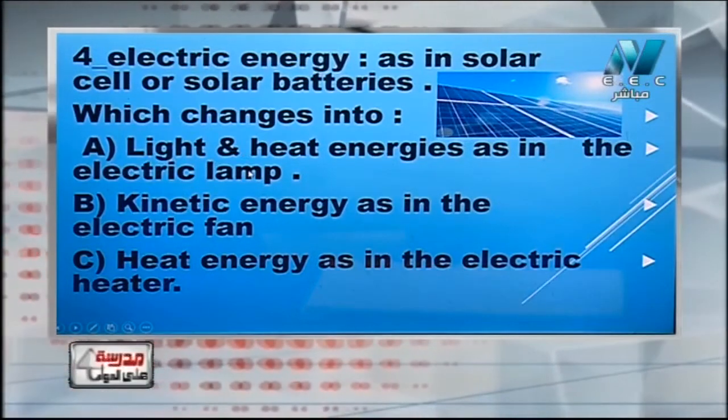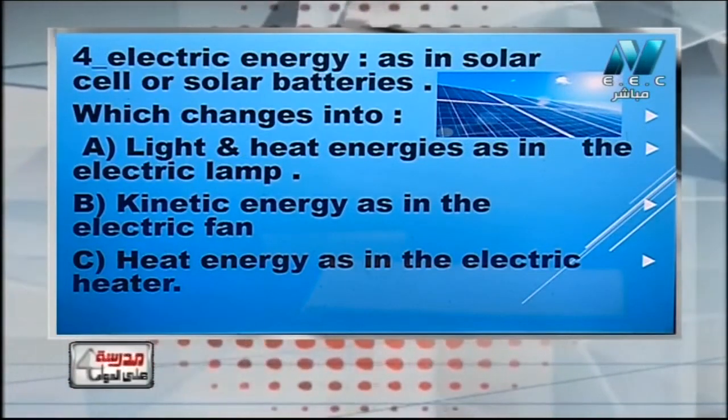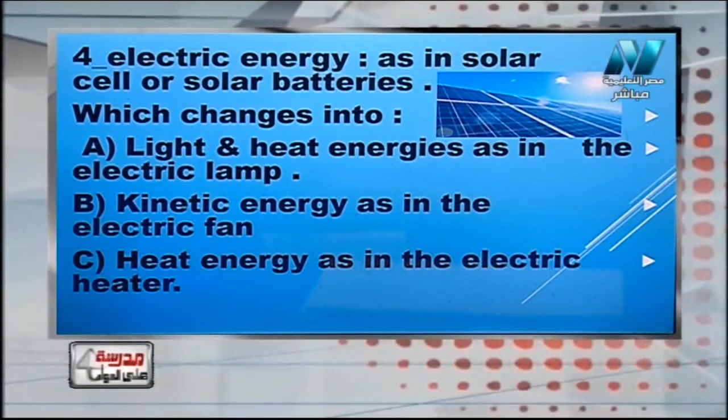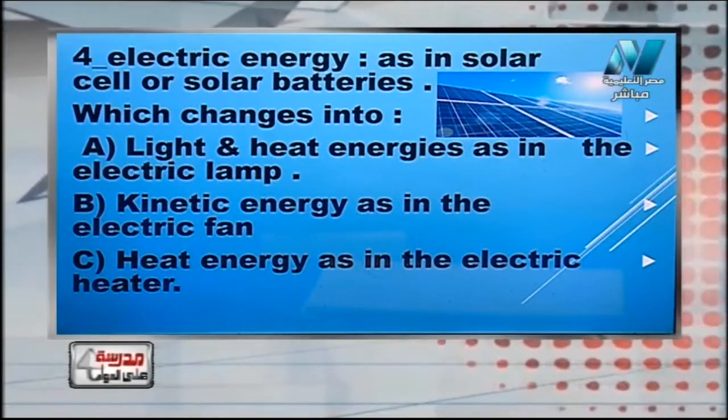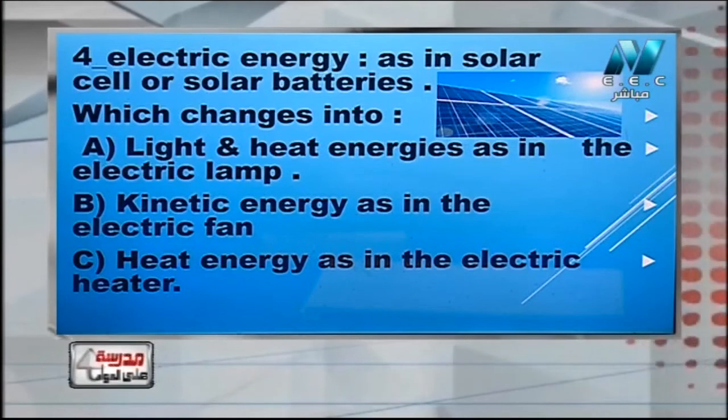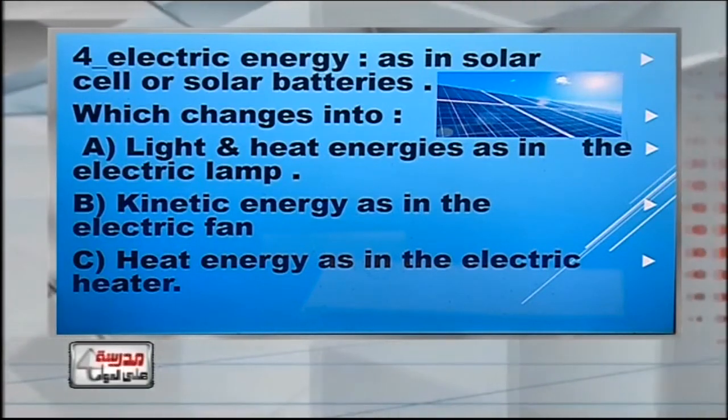When you approach the electric lamp, you feel hot because it changes electric energy into heat, and you see its light because it changes electric energy into light energy. Number B, kinetic energy.